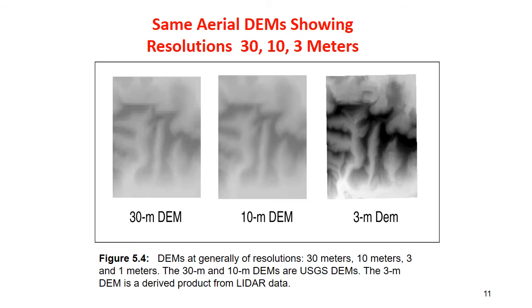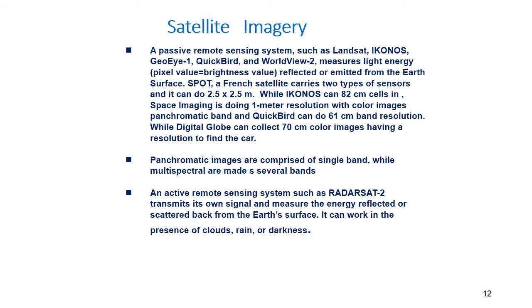But I have already explained that there is now a resolution of 62 or 82 centimeters. Less than 1 meter resolution is available now, and it is being sold in the market. We only have to have the capability or the authority to get that type of data. Thank you.